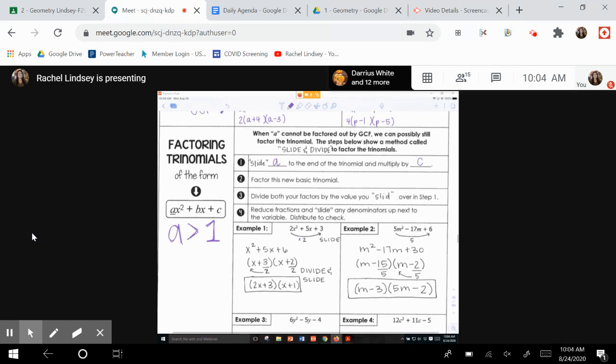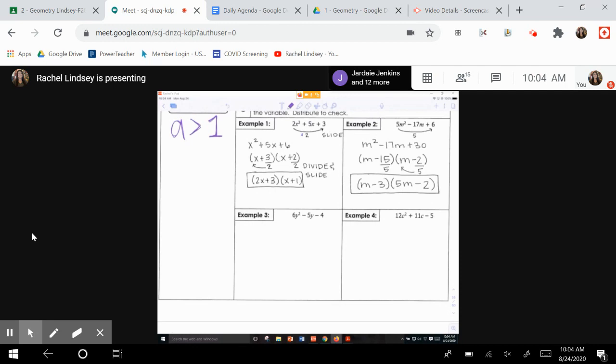So, let's do an example. On number 3, can't factor out anything out of 6, 5, and 4. So, I'm just going to slide that 6 to the end and multiply it.